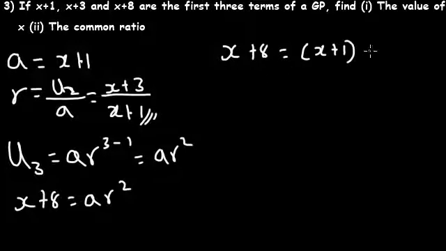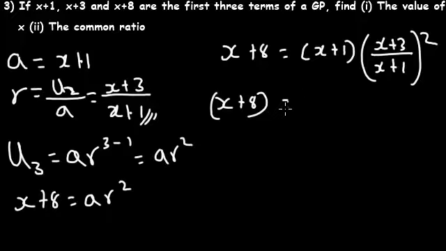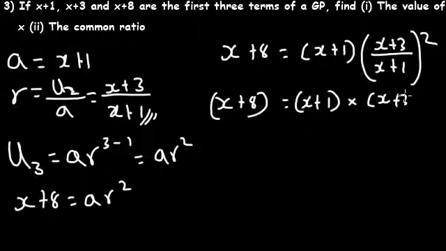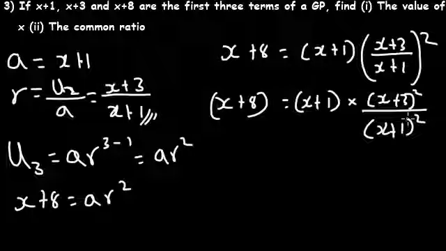x plus 1, again multiplied by r squared, which is x plus 3 divided by x plus 1 all squared. Perfect. Now let's distribute this square to the terms within the parentheses. And then we have x plus 8 equals x plus 1 multiplied by x plus 3 all squared divided by x plus 1 all squared.